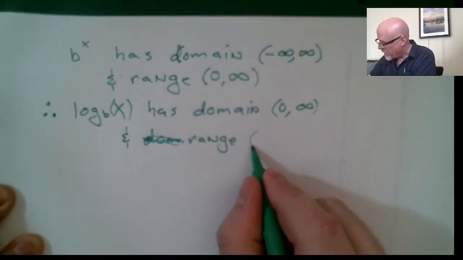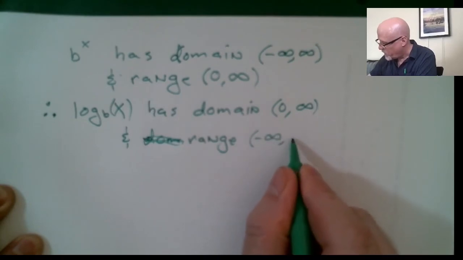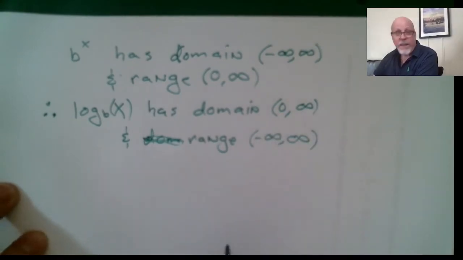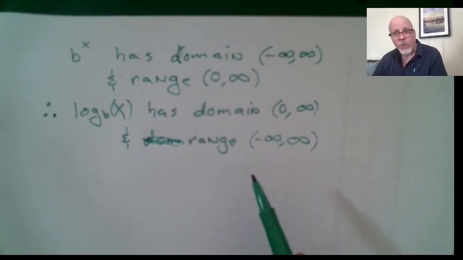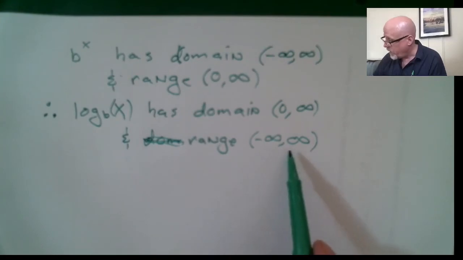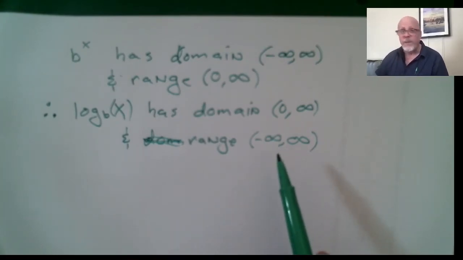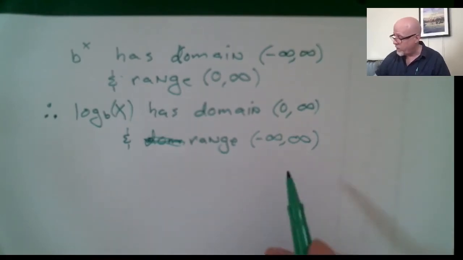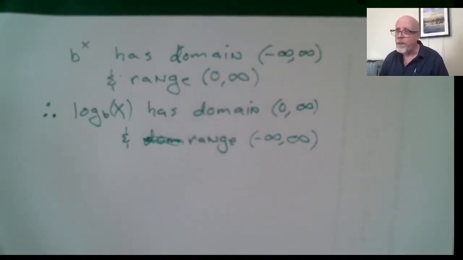The range is minus infinity all the way to plus infinity. And that is really another very direct way to see that it can't have a horizontal asymptote. Every actual value is in its range. If it had a horizontal asymptote, there would be a max value up here. It wouldn't go to plus infinity.